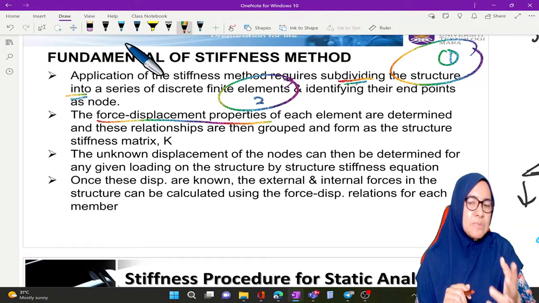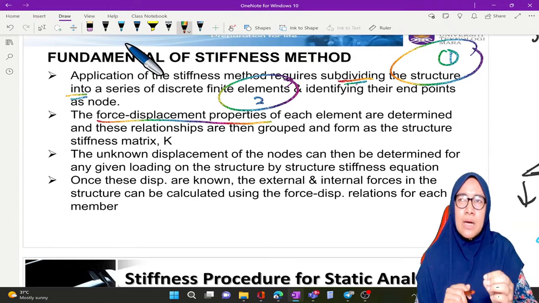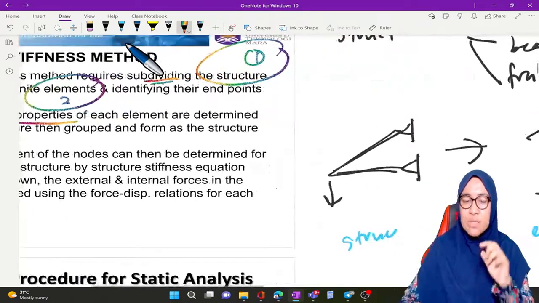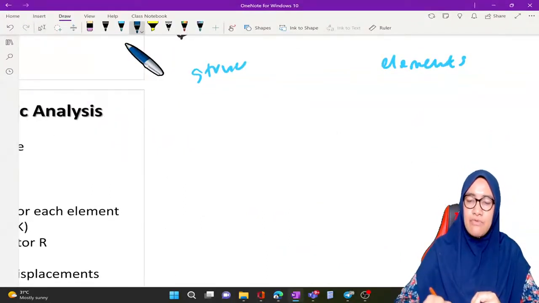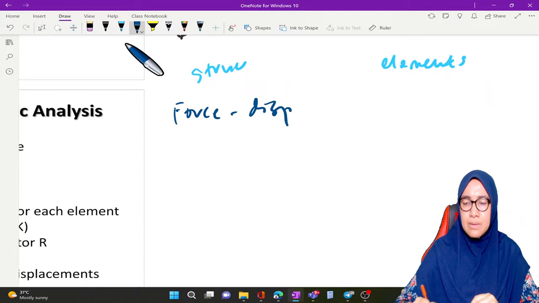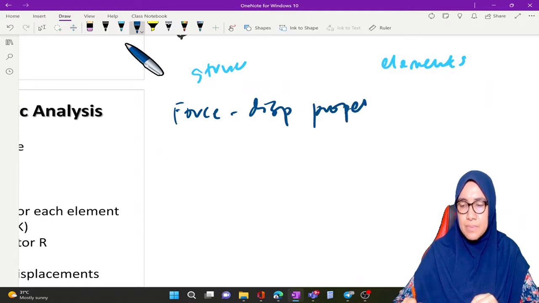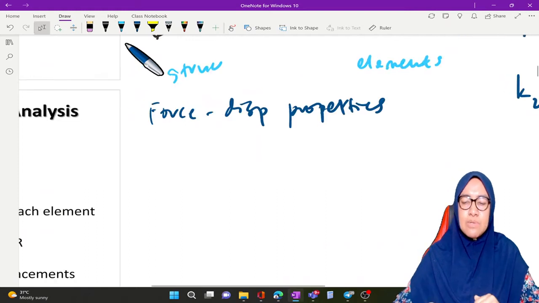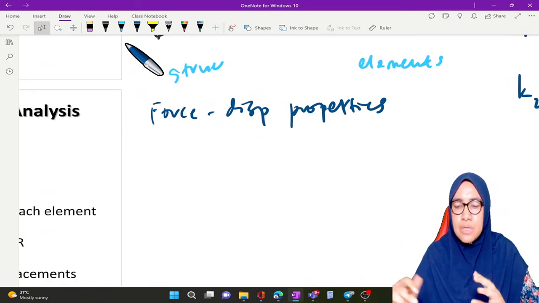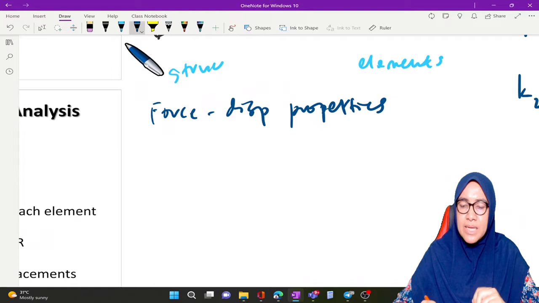Force displacement properties include the boundary condition. This is actually Q = KD.